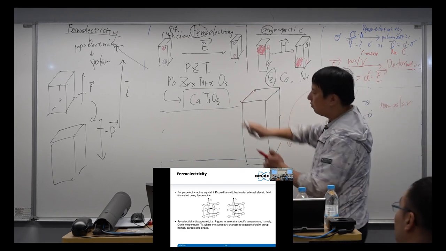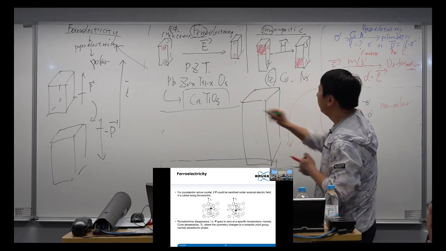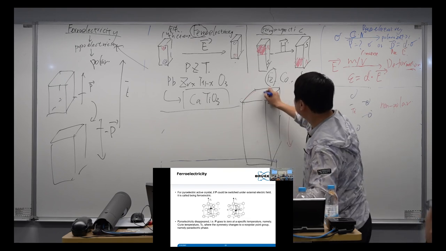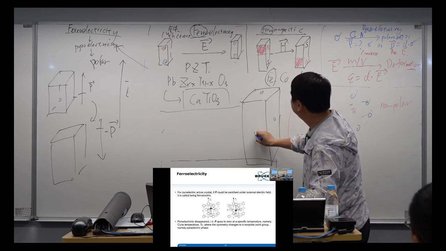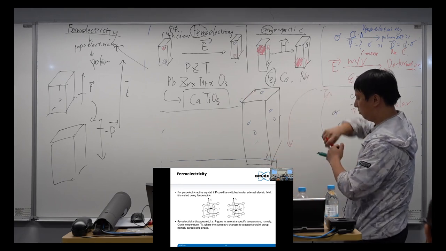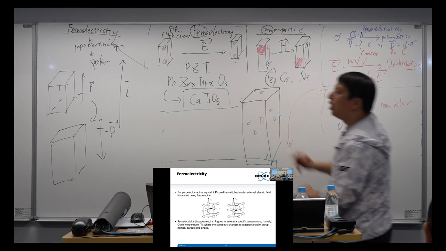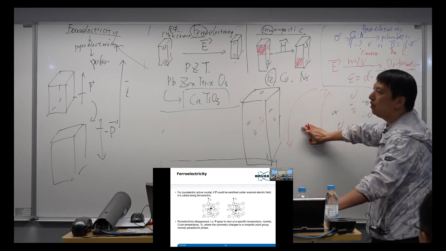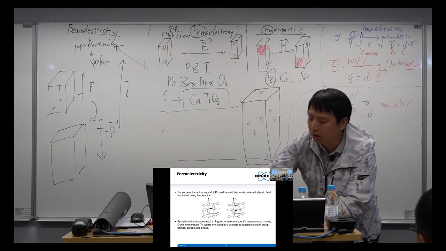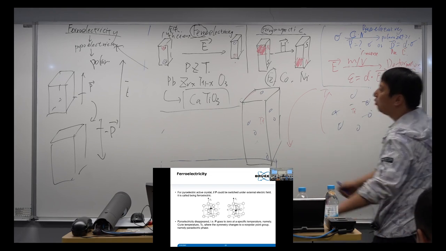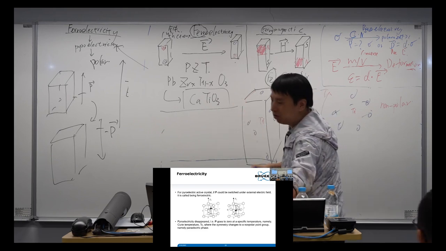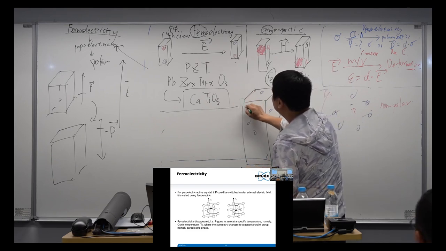So it's the same. The calcium, I don't draw, is in the corner. And the oxygen is on the face. And the titanium is in the center. Again, this one is still symmetric. Okay? If I somehow made some changes, I don't use the calcium, I change it with the lead.